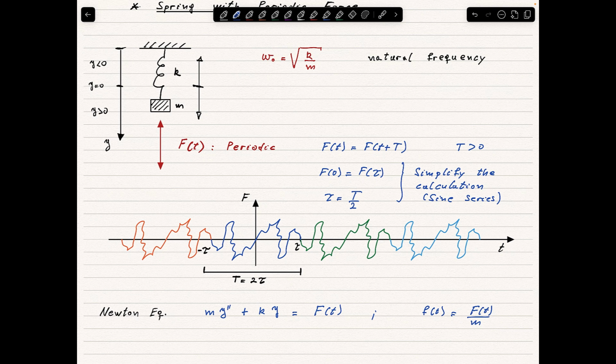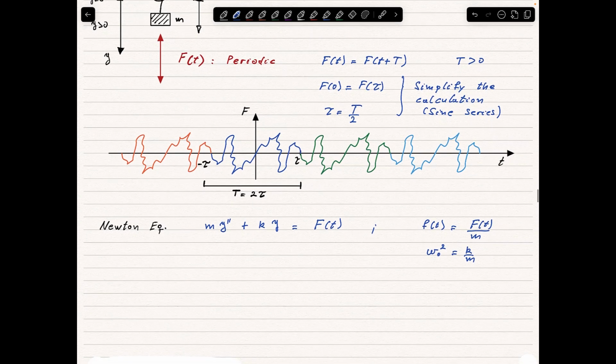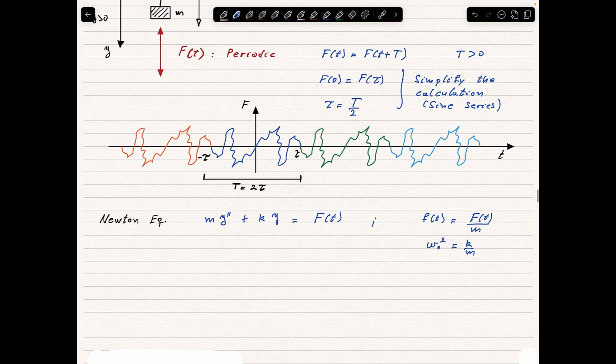So the natural frequency omega 0 squared is k over m. So with that, we can rewrite the equation in the way we like it to solve it, which is y double prime plus the natural frequency squared times y equals the force per unit mass.